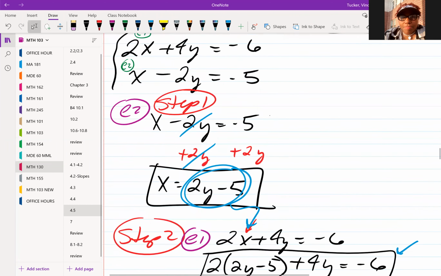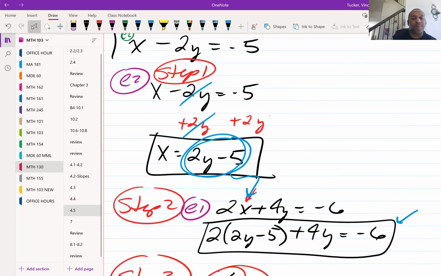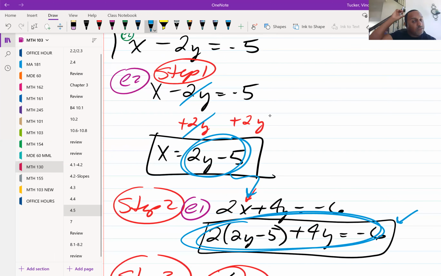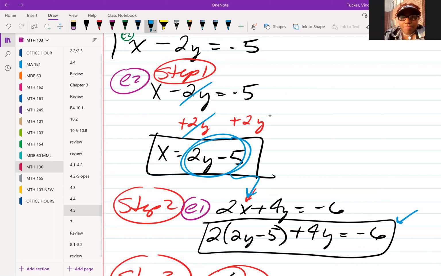So you're taking that whole expression, 2y minus 5, and plugging it in for x. Oh, okay. See, everything else is still the same. We're replacing the x, but the 2 stays there. The 4y is still there, the -6 is still there, everything's still there. You just substitute in 2y minus 5 for the x. Gotcha. Okay.